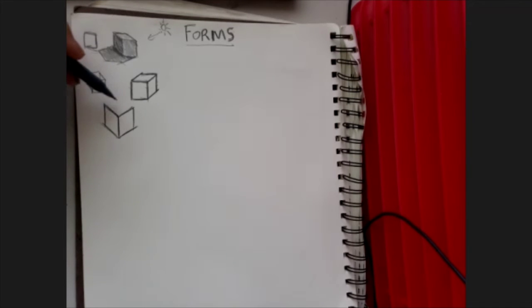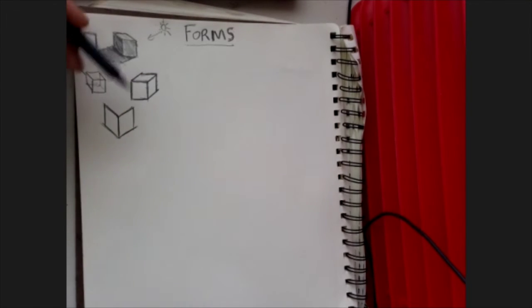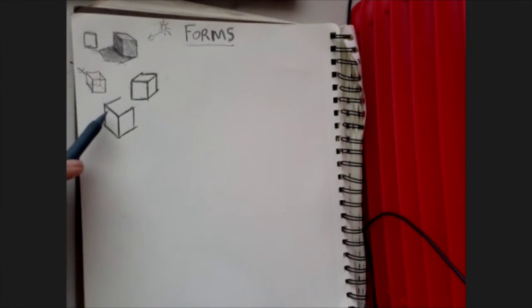Now we need to draw the back top part. So I'll start with this left side. It's going to be parallel with this line. So if it's going this way, this needs to go that way too. We got to do the right side to finish it off. This is going this way.